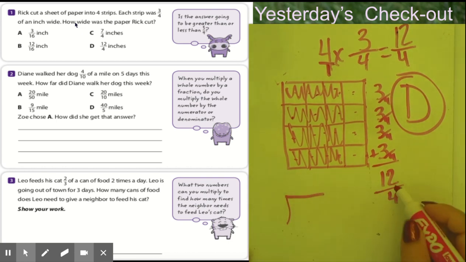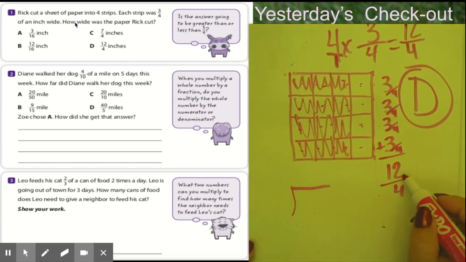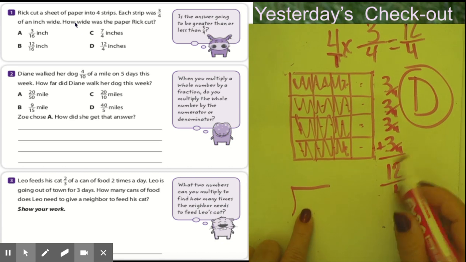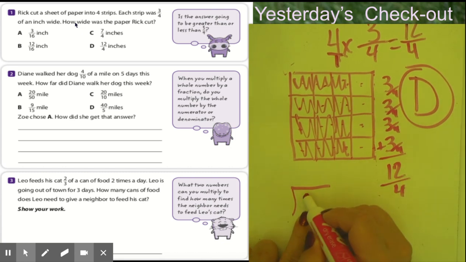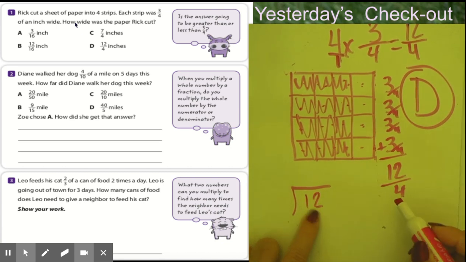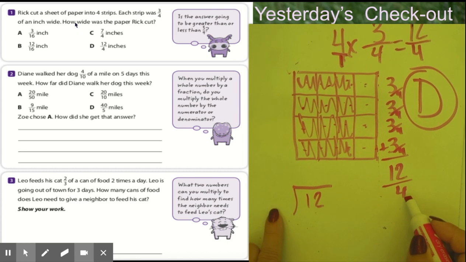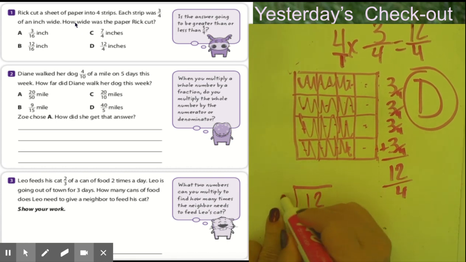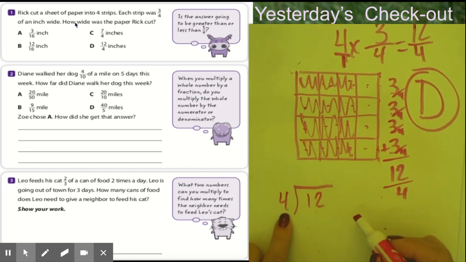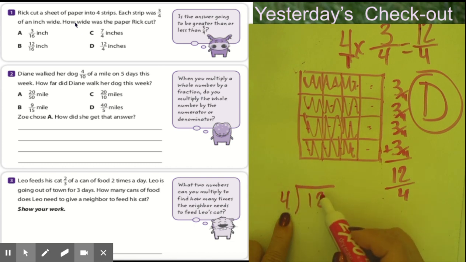Remember, division and fractions are the same thing. You could have taken the numerator and turned it into your dividend here, and then take your denominator, he's the worker, the divisor, and he is going to jump inside the box and pull out as many groups of himself as he can.